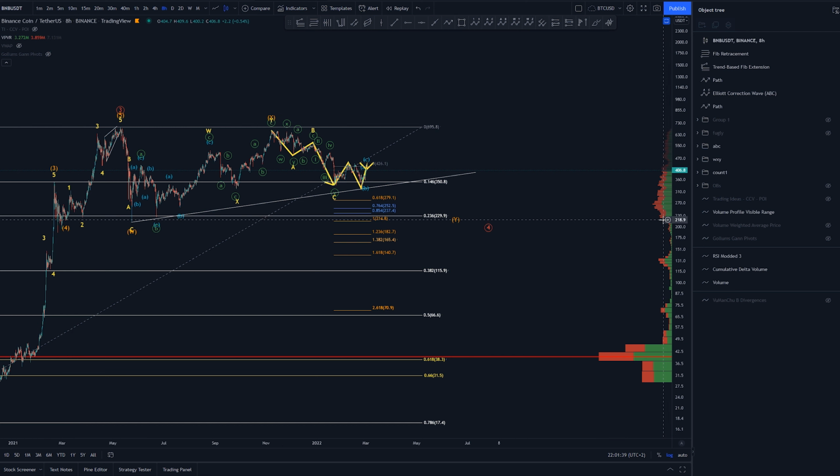There's not too much volume here though, so if we are going past this with some kind of force, whether it's A, B, C or W, X, Y, if there's lots of volume on it and we go past this 1-to-1, there's not much between these, and that's all another 35% move up to this area.